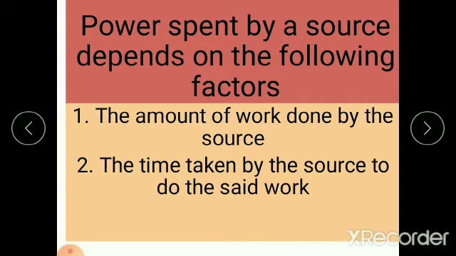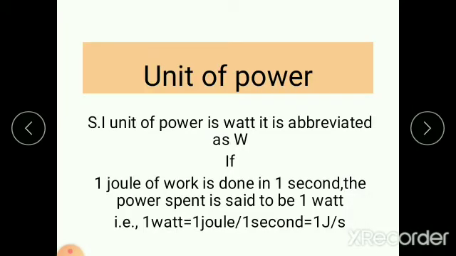Since you take 1 minute and your friend takes 2 minutes, your time is half of your friend's, so your power is twice. You are doing the work at double the rate. From this you can say that power depends on both work as well as the time taken to do that work.